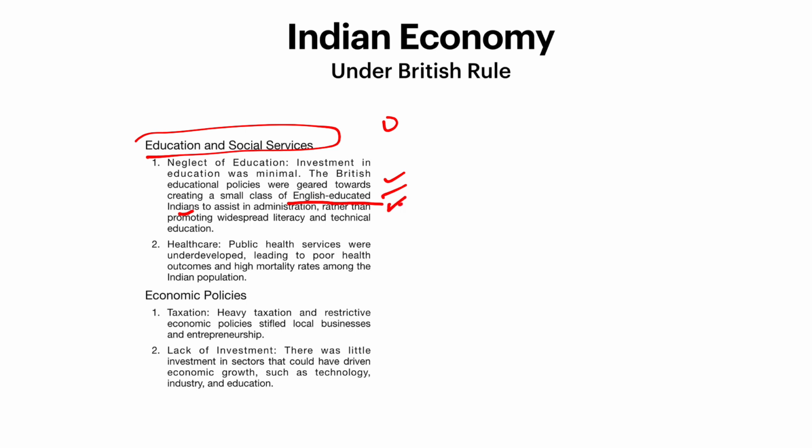But they stopped technical education, and also they stopped widespread literacy. So they focused on a very small group of people whom they thought fit to serve their interest. Some Indians were given English education, just those who could be accommodated in the British government to exploit the rest of the population.